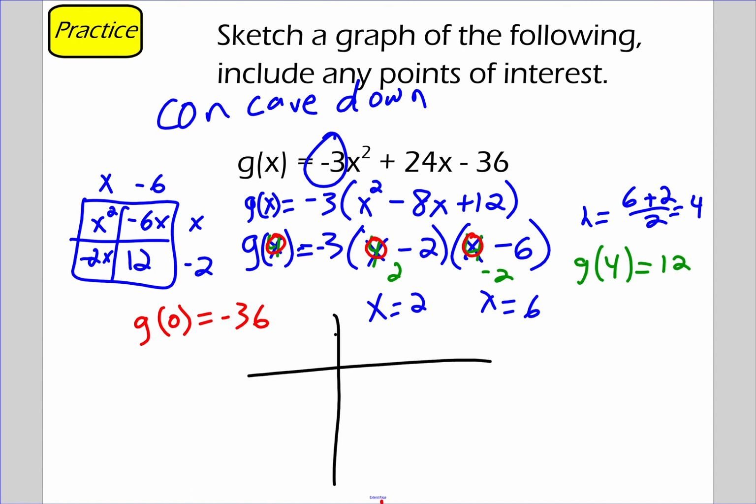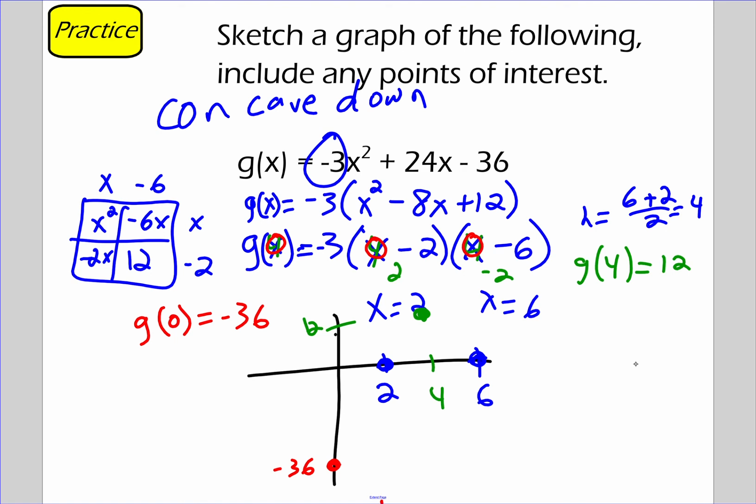The y-intercept is down here at negative 36. The two zeros are at 2 and 6. And our vertex is at (4, 12).